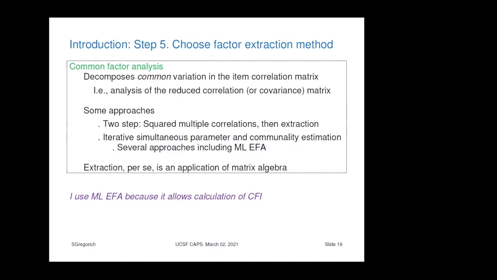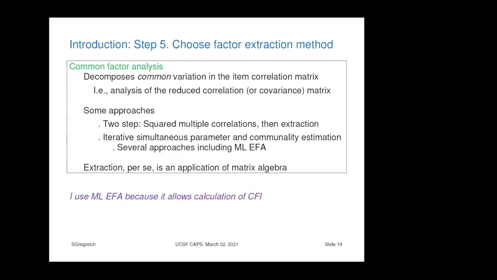Okay, so that was step 4 before, which was how many factors. This is choosing the factor extraction method. In common factor analysis, the extraction per se is just an application of matrix algebra.